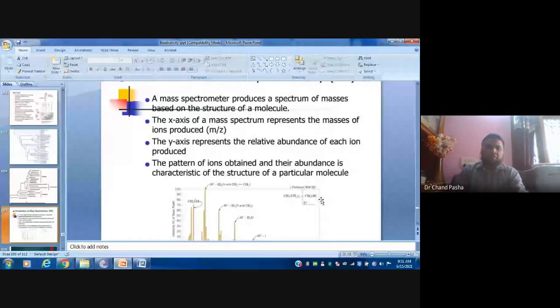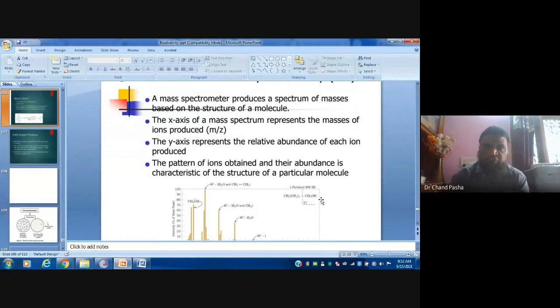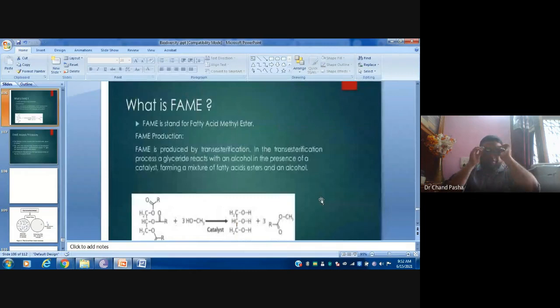So if you get some mass from unculturable bacteria, a protein or membranes, you can take it to the laboratory, do the separation by mass spectrometer, and find out what the microorganism is. And FAME is very popular for bacterial characterization.